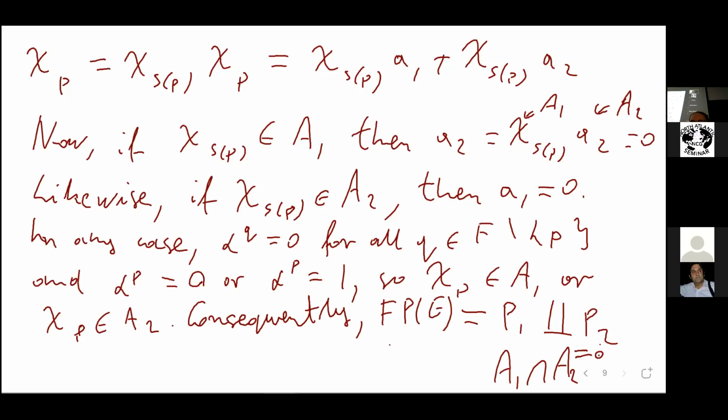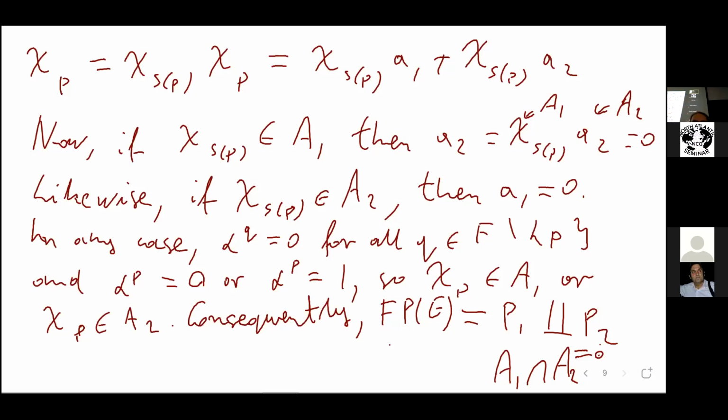And so this means that the intersection of P1 and P2 is an empty set, because if I have a path P, then chi P is never 0 because it is a basis element. Okay, so it cannot be both in A1 and A2 because the intersection of A1 and A2 is 0. So the intersection of these two sets is by construction 0. It was clear from the beginning.